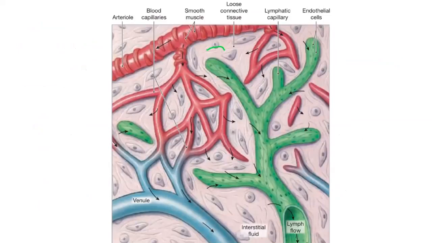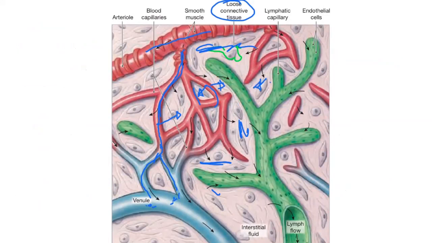So you see, this is the connective tissue here, all of this blue. This is artery, this is capillary, and this is venule. While the blood is flowing through like this, some fluid will be in the tissue. The whole tissue fluid, the interstitial fluid, is collected via the lymphatic capillary.